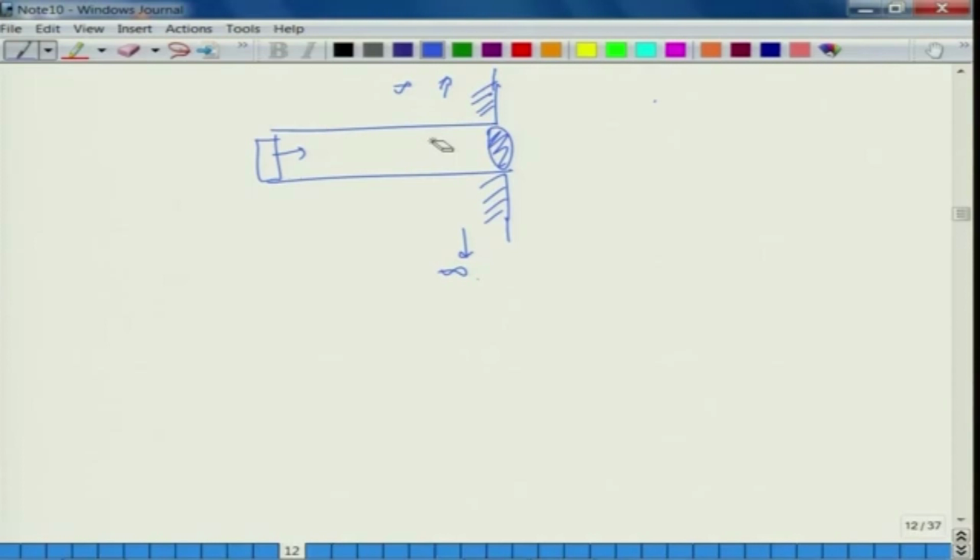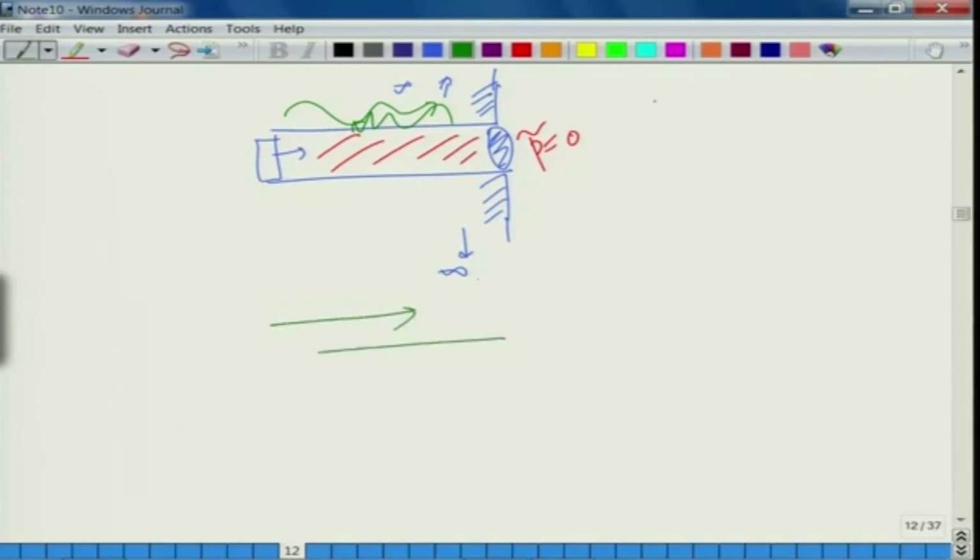One can argue that there is fluid in the duct and we can simply put the condition P tilde equals 0, so it is an open ended condition. While this is not all that inaccurate, the fact is that when a wave is incident from this part, an open ended condition would mean the entire wave is reflected back in the opposite direction.